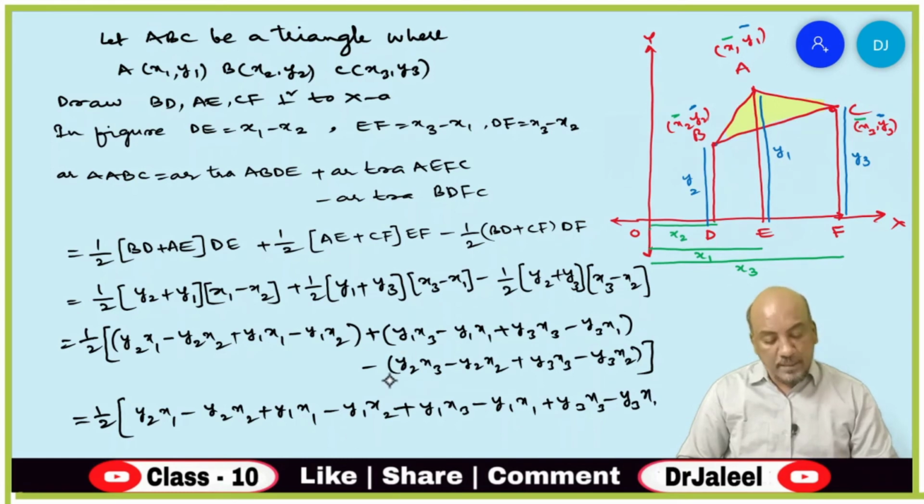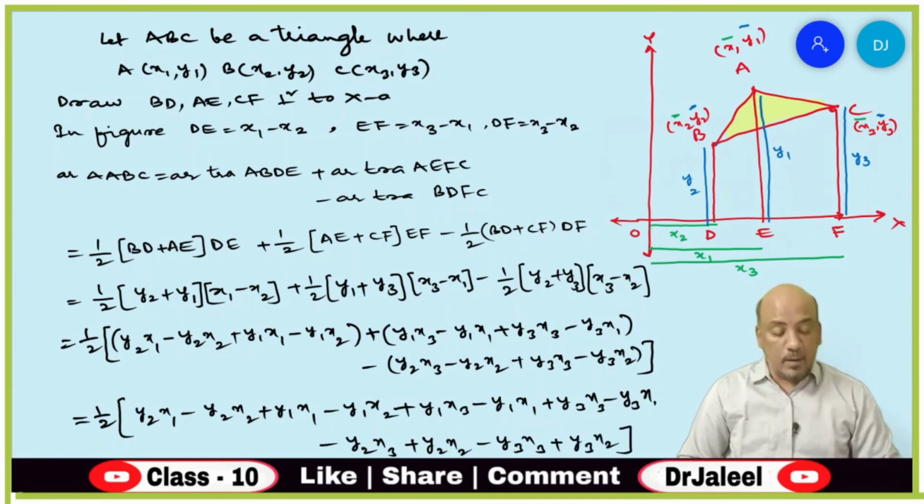Then when you open up this bracket, all the symbols will be changed. So let's minus y2 x3, so here it is minus, will become plus, plus y2 x2, here it is plus, it will become minus, minus y3 x3, last one is minus, so it will become plus y3 x2.